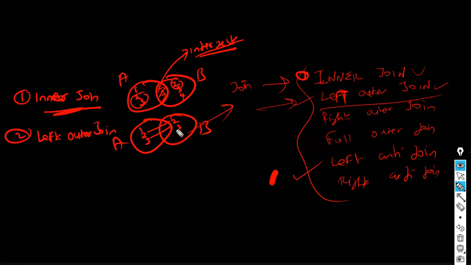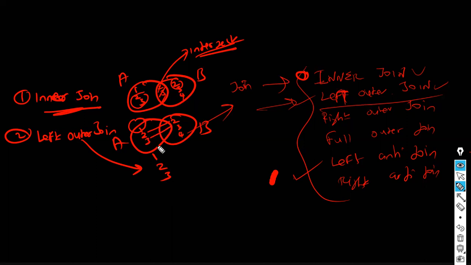Yes, 2 is there, 3 is there. So it will retrieve the matching values 2, 3, and the non-matching values from the left side, 1. In simple terms, all the values from your left side table will be returned.